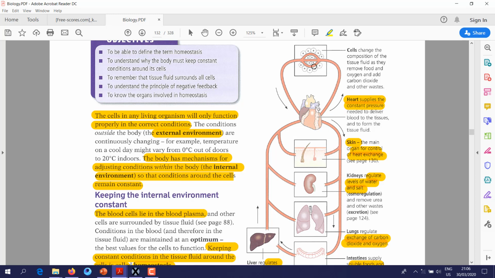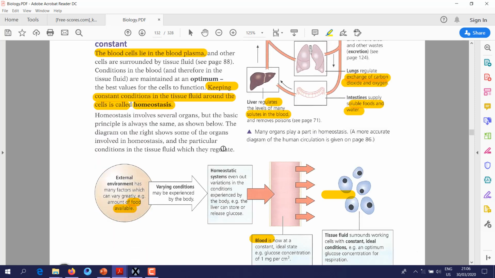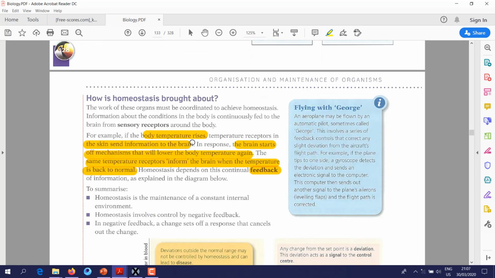The brain will find a proper mechanism to lower this temperature, so the brain will send an order to the body cells. Your body, for example, will start sweating. When you sweat, your body temperature will decrease. So when the body temperature is in the normal range, the same receptors will inform the brain that everything is okay.